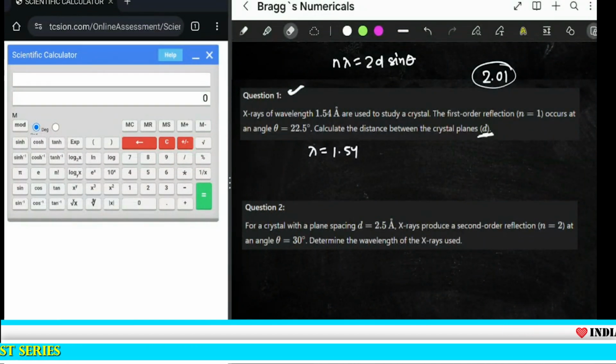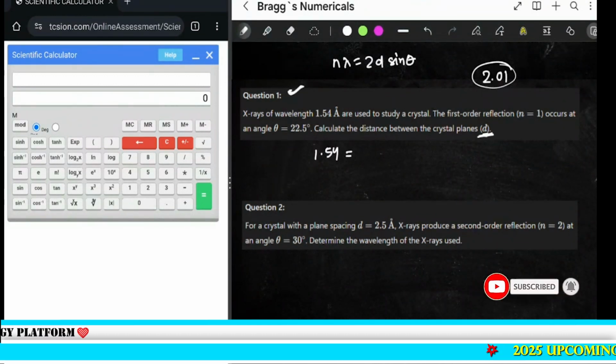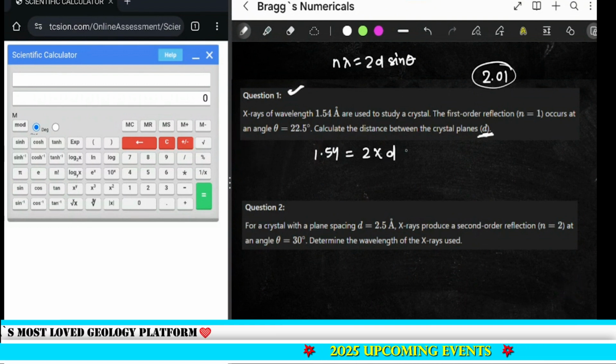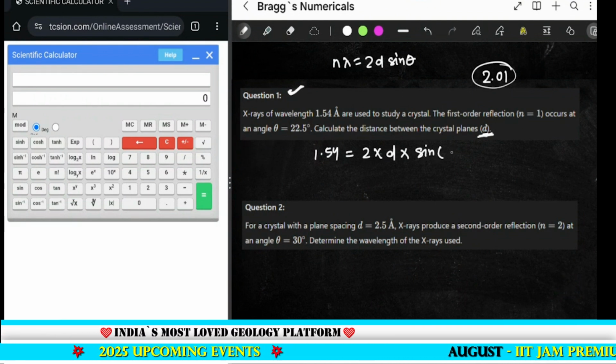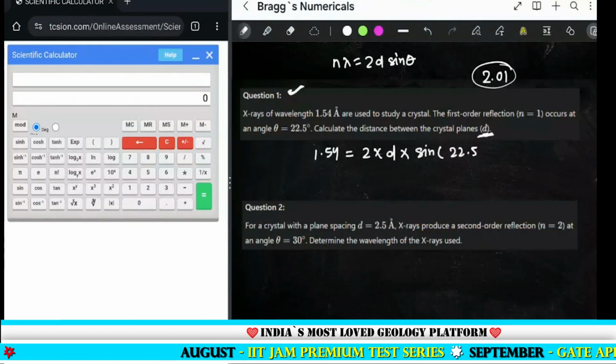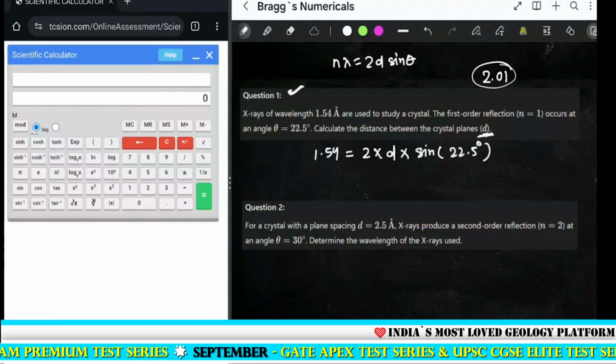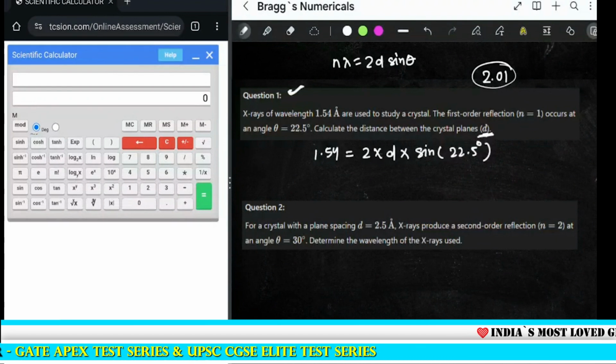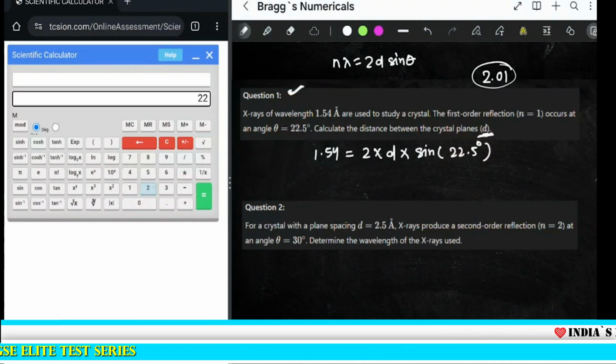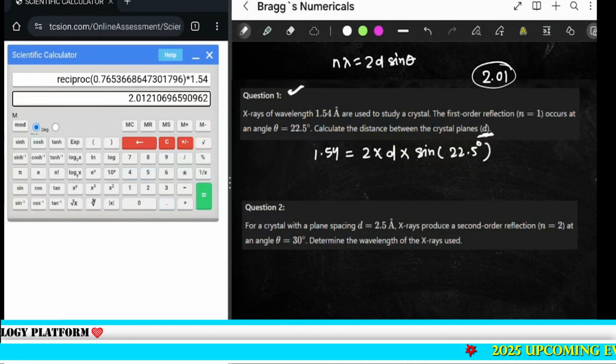Okay, so how are we going to do it? We are going to do it just like this: lambda, that is 1.54, is equal to, we are going to see, 2.01.